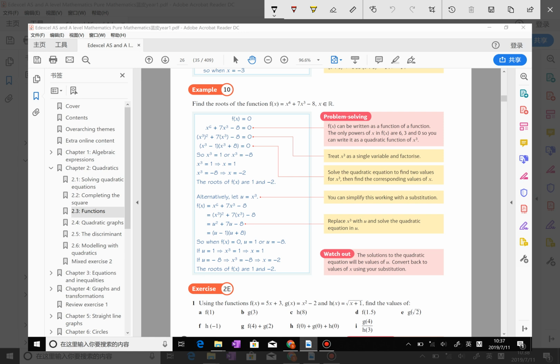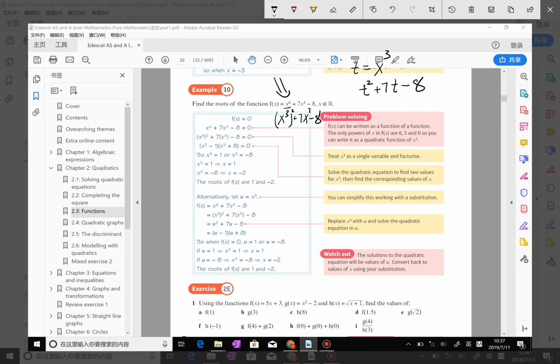Let's look at the equation. x to the power of 6 could be written as (x cubed) squared, plus 7x cubed minus 8. We can see x cubed as a whole, so we let t equal x cubed, and we get t squared plus 7t minus 8.